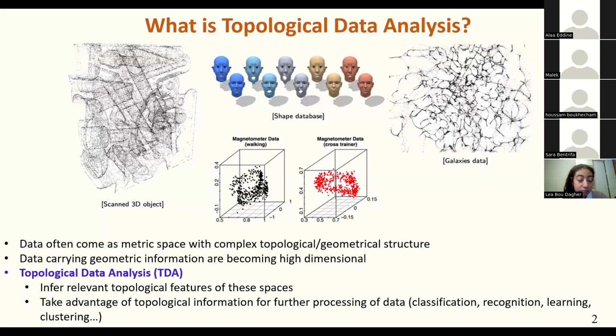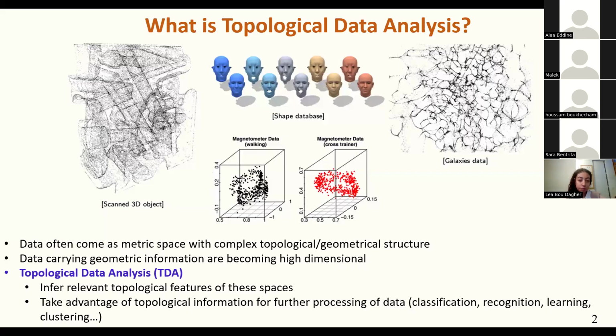So around us in everyday life, there is data that can often be represented as a metric space, and the idea is to analyze the shape of this data to extract relevant topological features and take advantage of this information later on for tasks like classification, recognition, machine learning, or prediction.